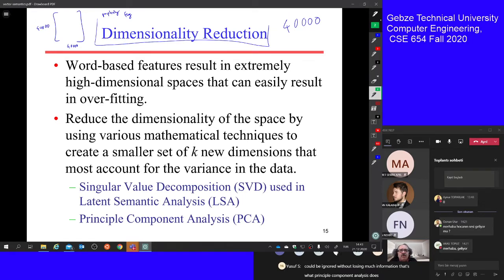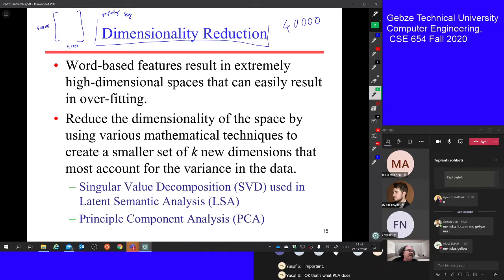You give the principal component analysis 40,000 dimensional data, and it says that I am going to transform your data to a new 40,000 dimensional space, but I will tell you which dimensions are most important. That's what PCA does.